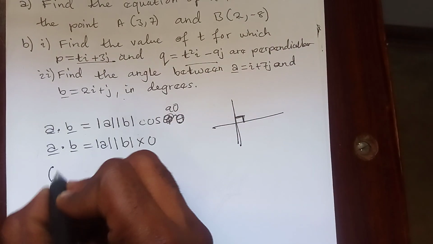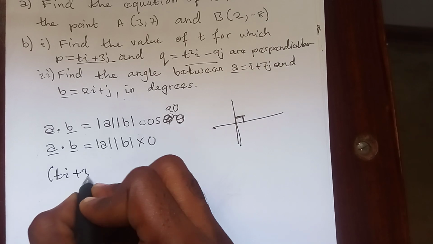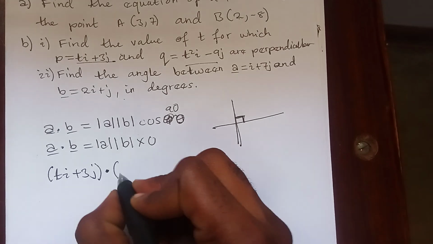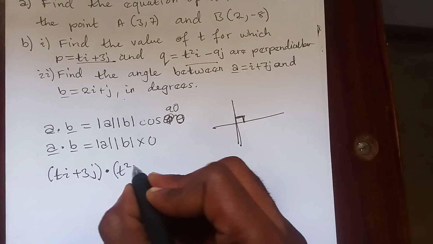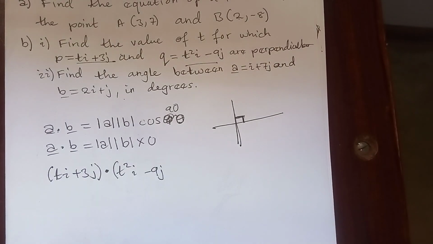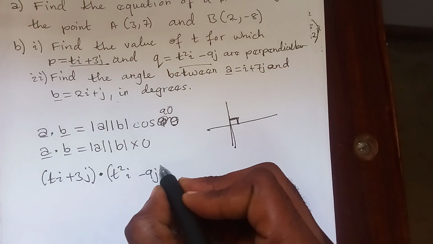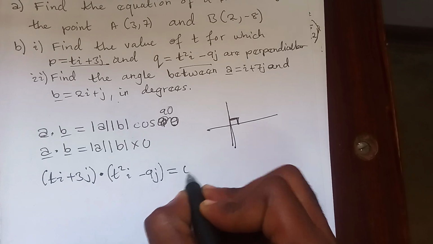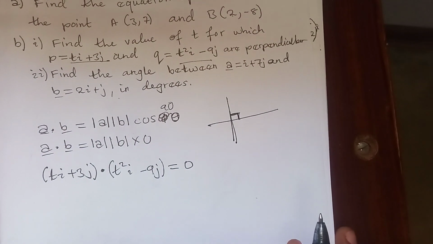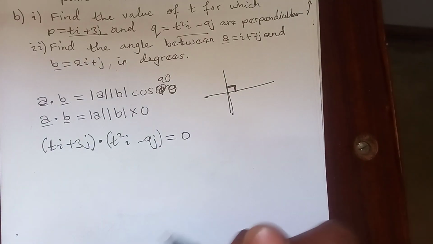So let's do that. ti plus 3j dot t squared i minus 9j is 0. If you want, you can even show all this, but it's not necessary. You can just state it.